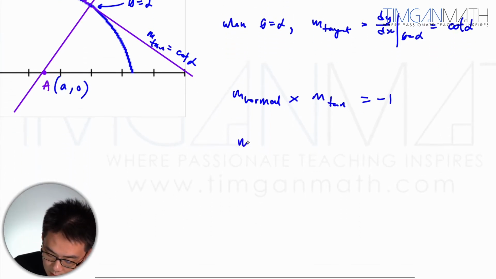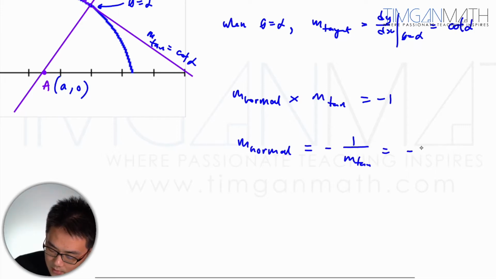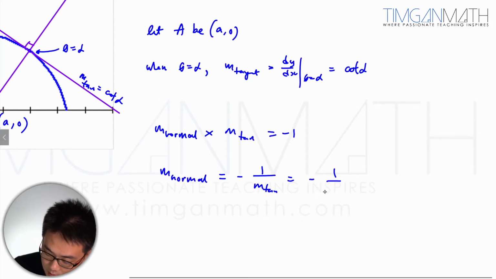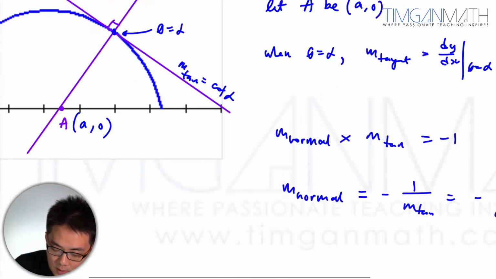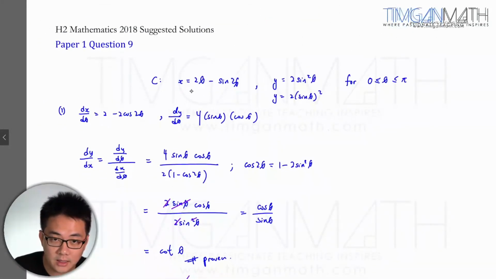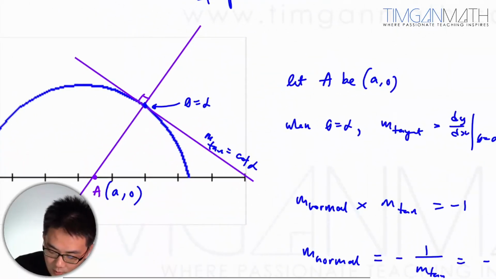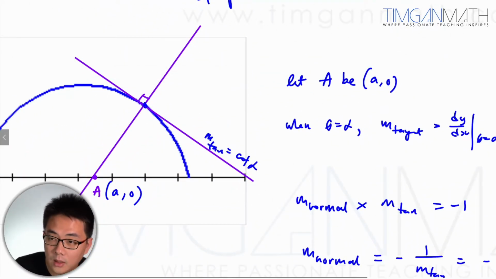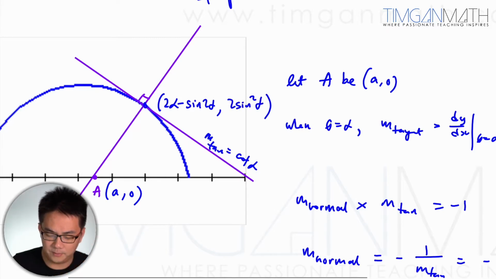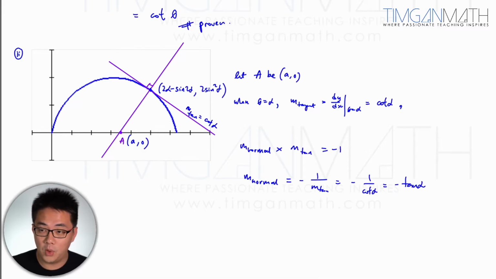In other words, the gradient of the normal will just be -1 over m tangent, which is -1 over cot alpha, so it will just be negative tan alpha. The point here, when theta equals alpha, is (2 alpha minus sine 2 alpha, 2 sine square alpha). Great, that's the point on the normal.